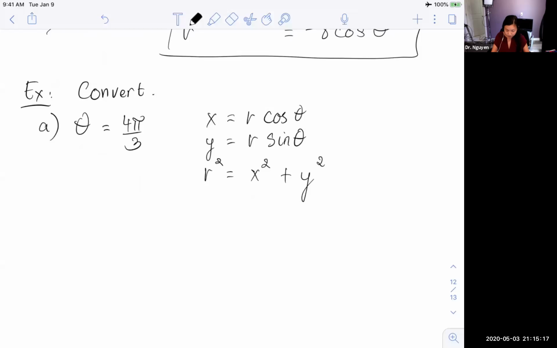And don't forget tangent theta is y over x. The reason we want to use tangent is because tangent deals with y and x. So if we take the tangent on both sides, I can take tangent of theta equals tangent of 4 pi over 3.